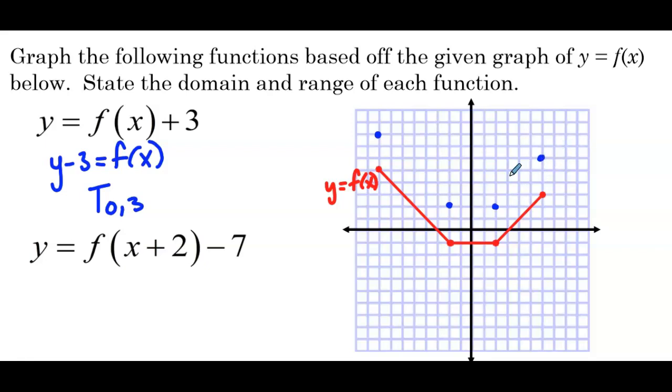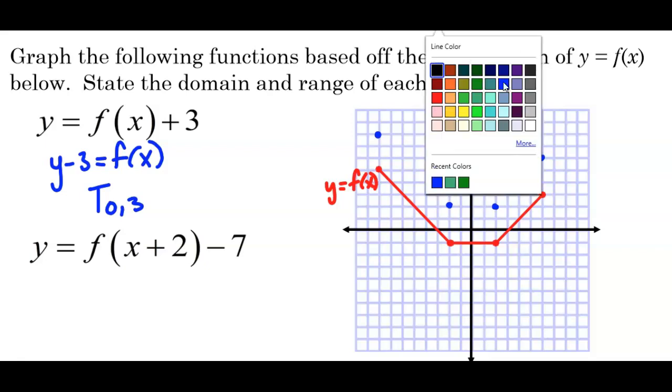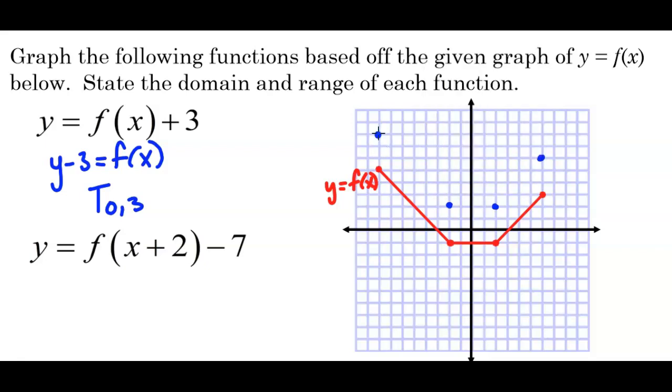So I'll use the line tool to connect the points. So line tool, I want to make the line blue. Okay, so we'll go connect our points. So there we have y equals f of x plus 3.